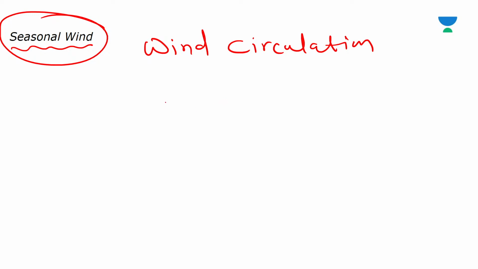The most pronounced effect of such a shift is noticed in the monsoons, especially over Southeast Asia.